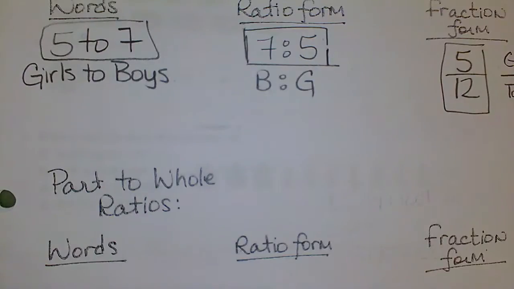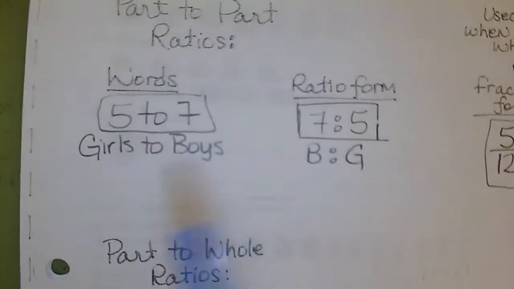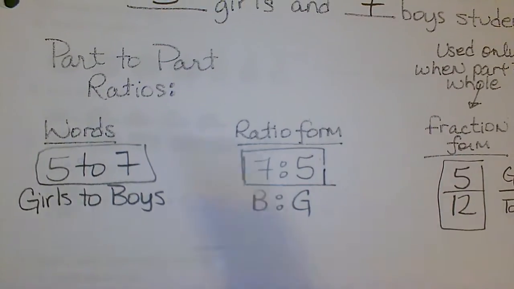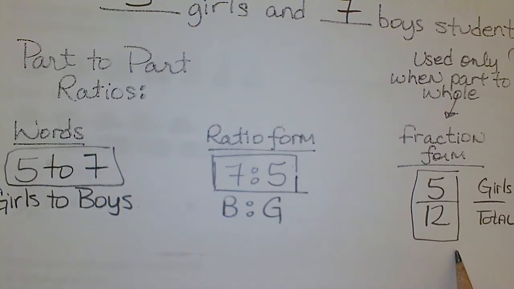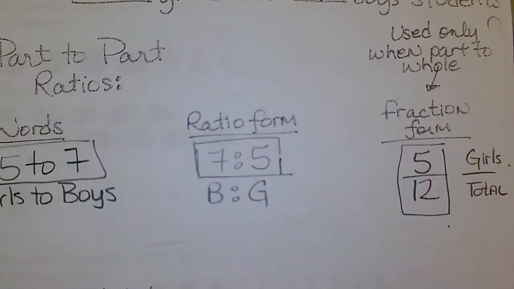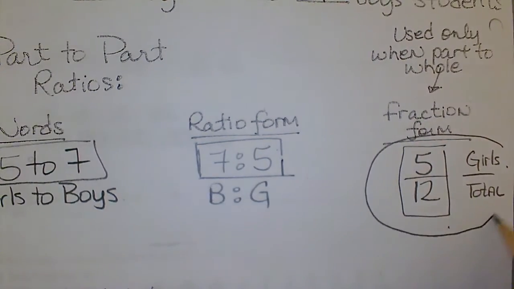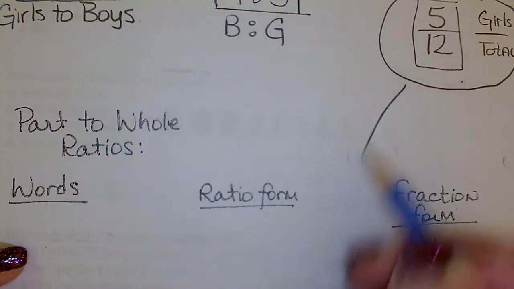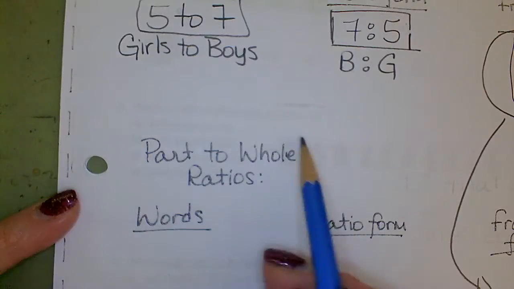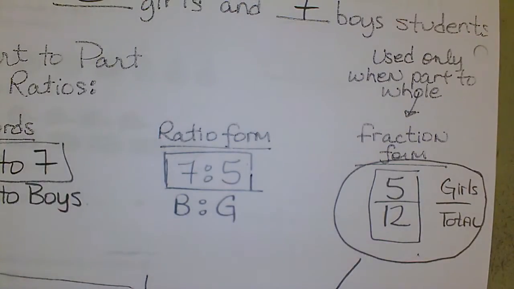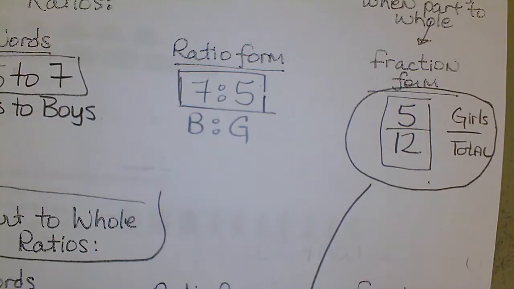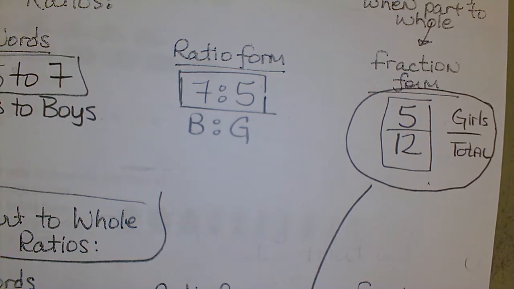Now, this was a part-to-part ratio. Is this a part-to-part ratio? No. So where should I put this one? I'm going to move it down to there because this is a part to whole. So am I going to have anything in this spot? No. Okay. So I'm going to move it down here, which was girls to total.